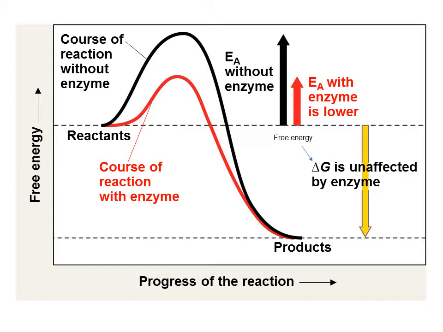So think of a ball being on the left side of the hump. It is very hard or very difficult for the ball to roll up the hump. But if an enzyme lowers the height of the hump, then the reaction is more likely to occur. So this is what enzymes will do. They will lower the energy of activation.